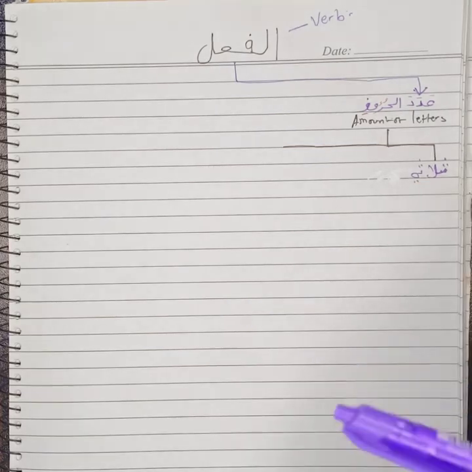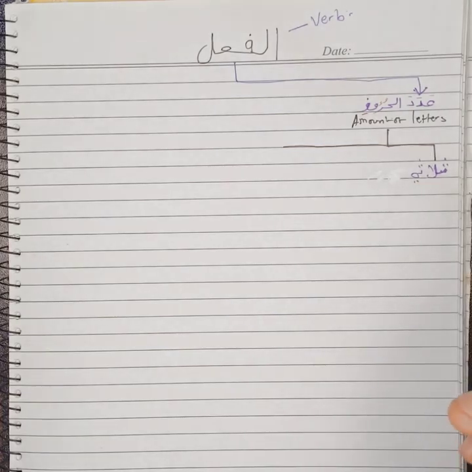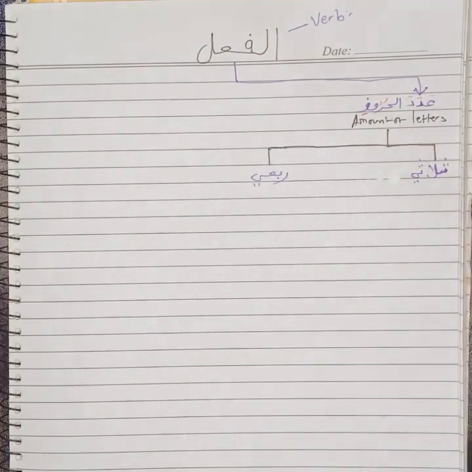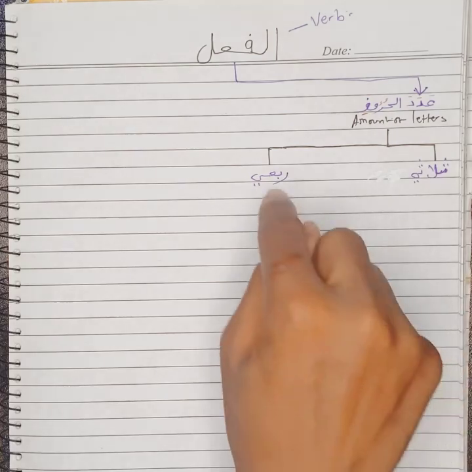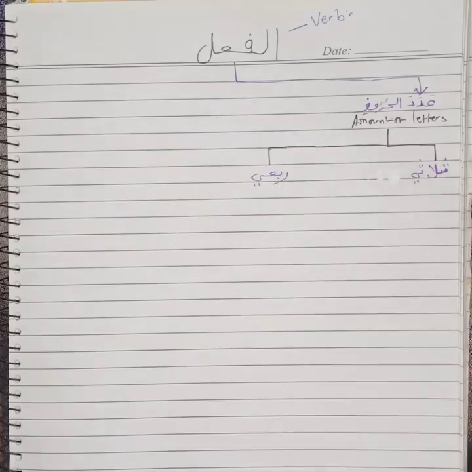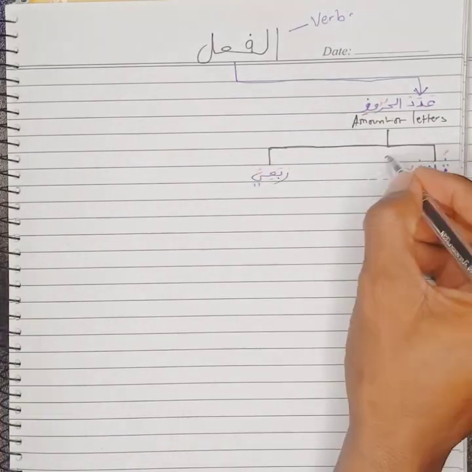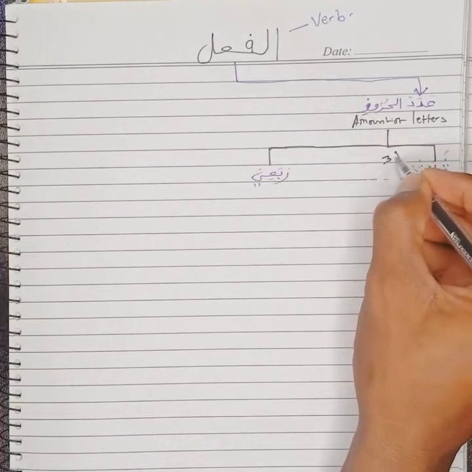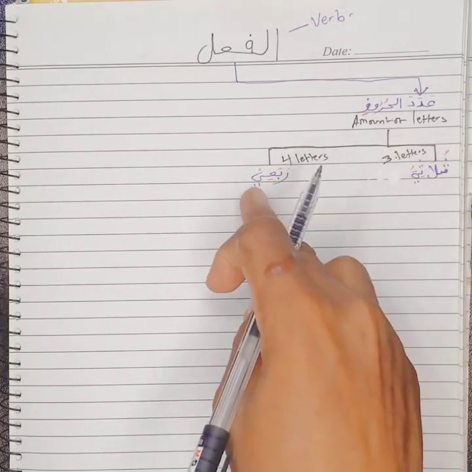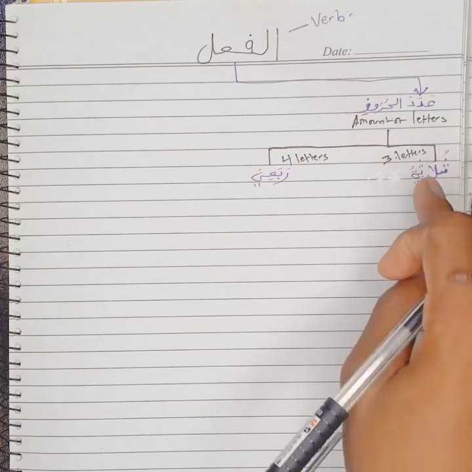Thulathi means verbs that have three letters; their original letters are three. Then we have Ruba'i, verbs that have four letters as the original letters of that verb. Ruba'i is four letters. Thulathi is three letters.